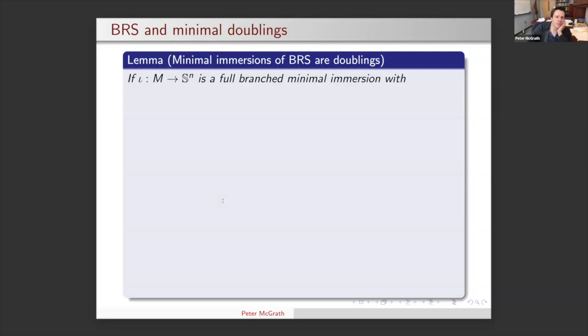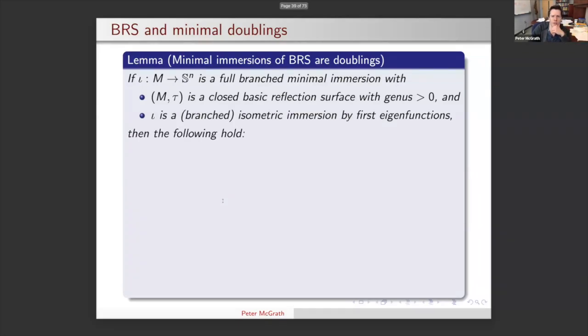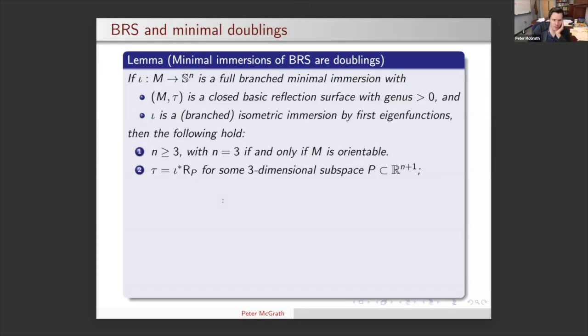So if one has a branched minimal immersion of a basic reflection surface by first eigenfunctions, then one has a lot of nice things. First, the dimension is 3 if the surface is orientable. Second, this tau, the intrinsic reflection, is arising from reflection through a 3-dimensional subspace of the ambient R^n.